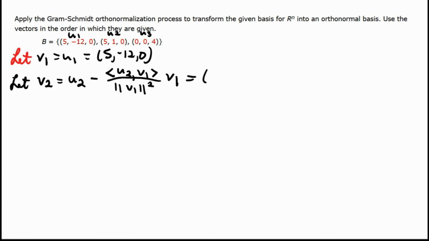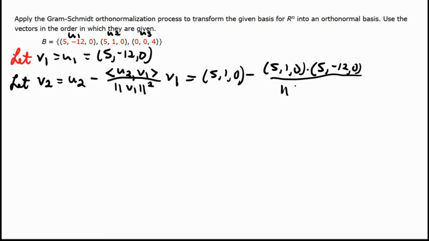So U sub 2 is 5, 1, 0 minus the dot product of 5, 1, 0 with V sub 1, which is 5, negative 12, 0, divided by the norm of V sub 1 squared, times V sub 1.